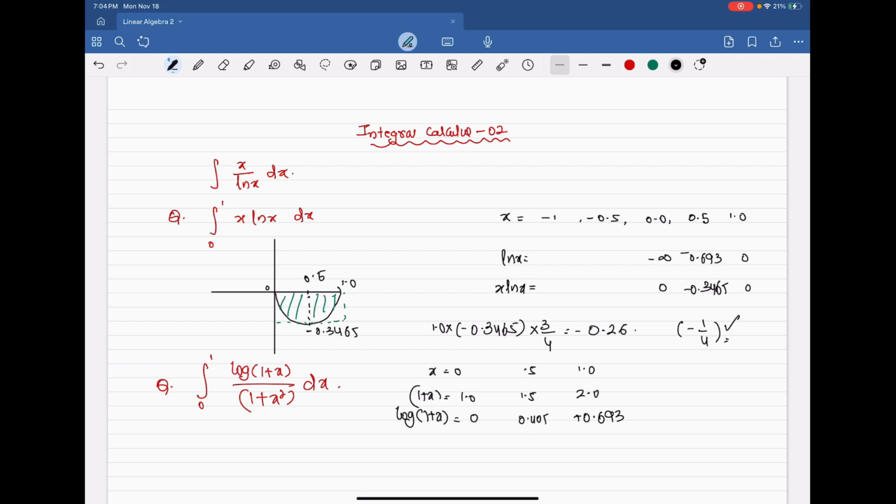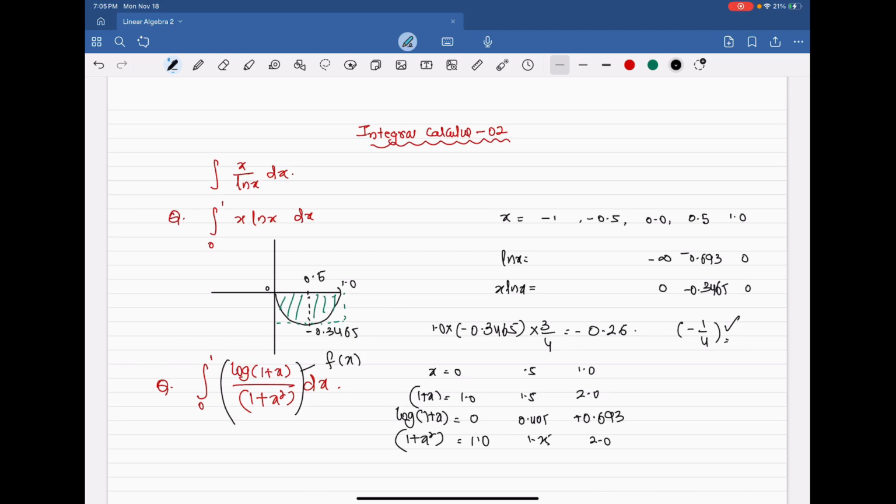Next, what is the value of 1 plus x square? For x is equal to 0, it will be 1. For x is equal to 0.5, it will be 1.25. For x is equal to 1, it will be 2. Now, this is the function: log(1 plus x) by (1 plus x square). That is the function of x. Then what will be the value of the function?